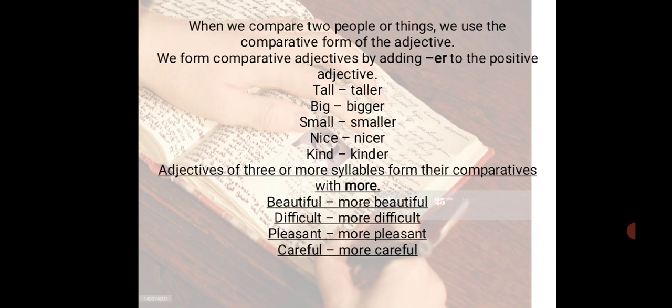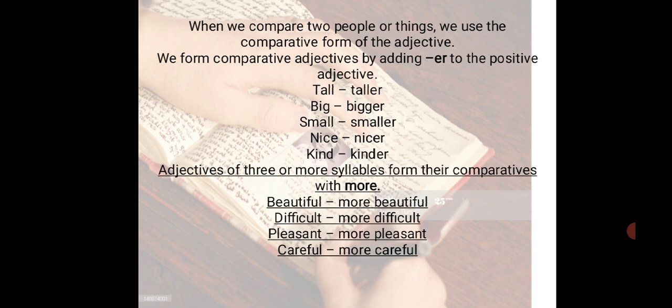We form comparative adjectives by adding er to the positive. How? Some example words are given. Tall, taller. That means after tall, er is added to make it comparative. Big, bigger. So with big, er is added to make it comparative. Small, smaller. Nice, nicer. Kind, kinder.